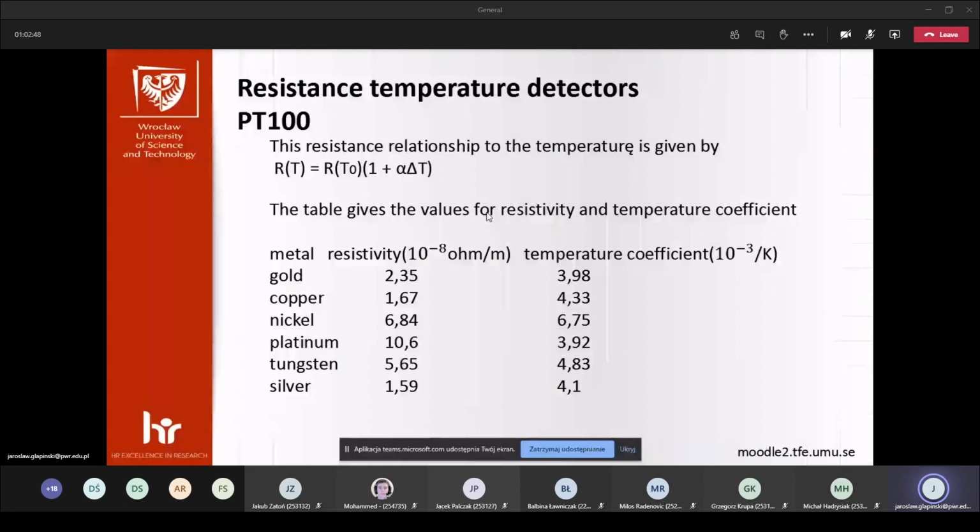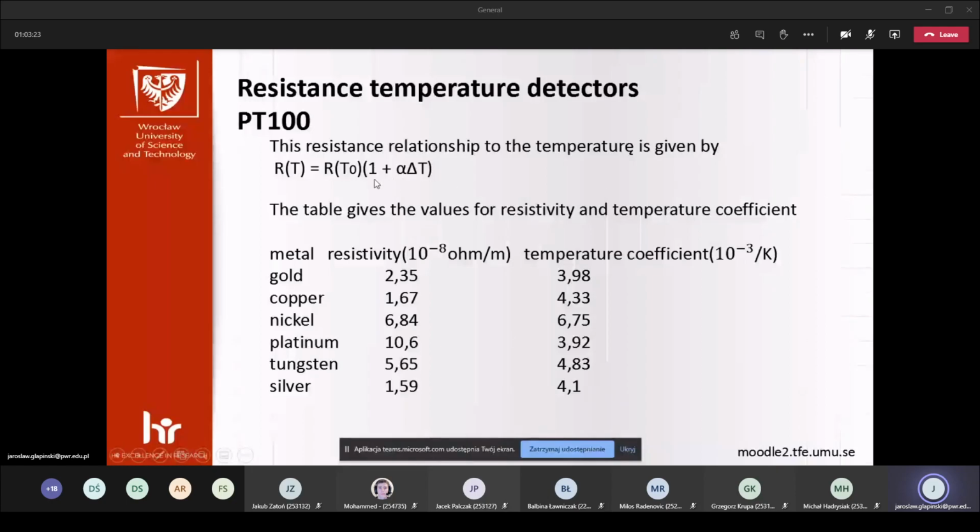Maybe it's similar to NTC, but NTC sensors were negative coefficient sensors, and the PT100, PT1000 are positive resistance coefficient sensors. So the relationship between the temperature and the resistivity of the element is made by this equation.